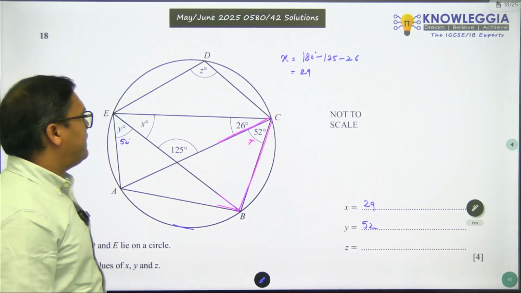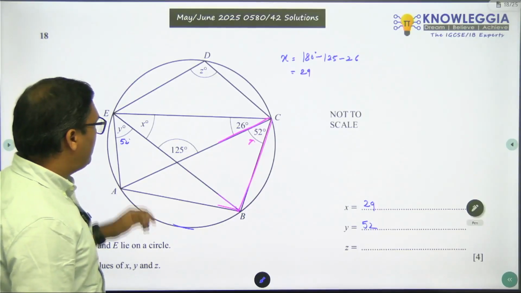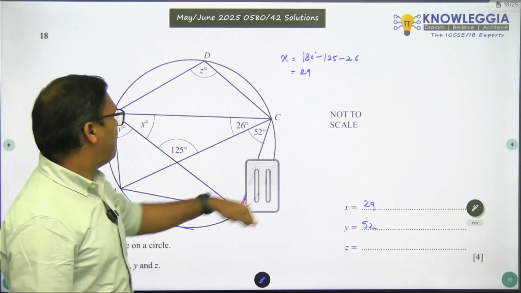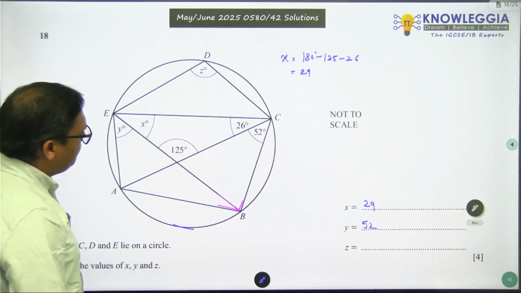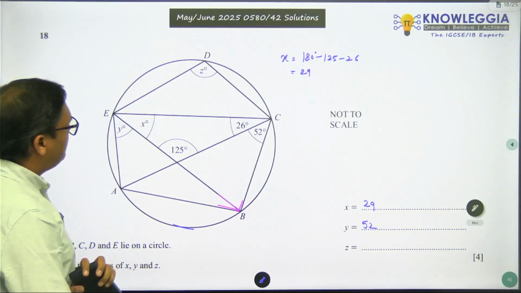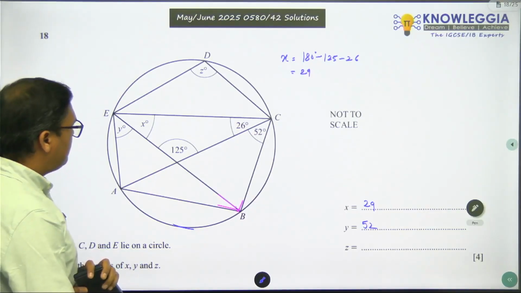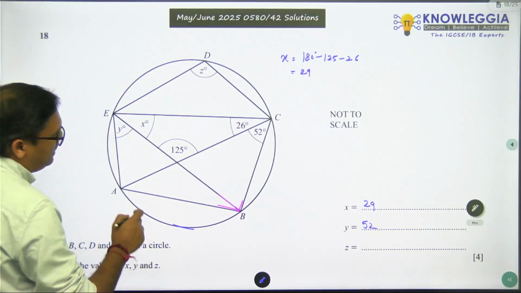Now what is remaining? z. You have to find z. Okay. So for z, how can you find z?